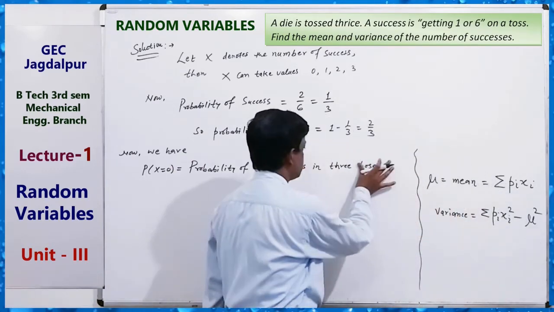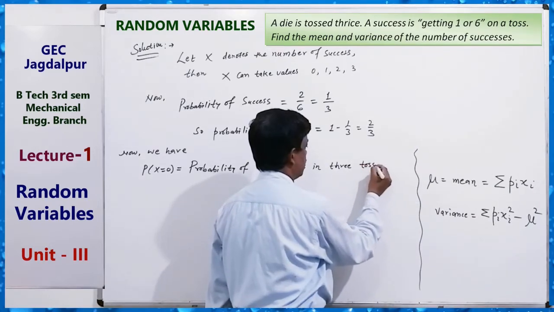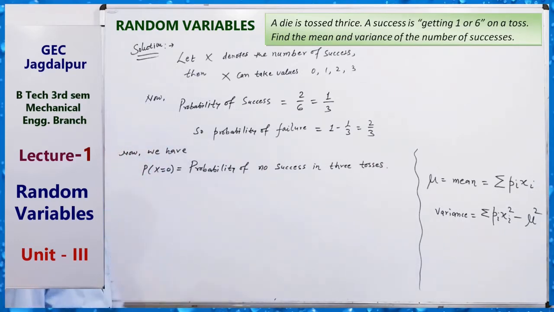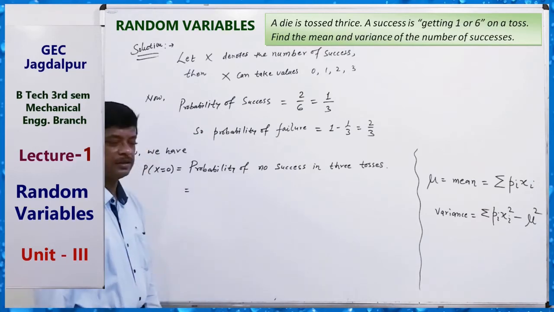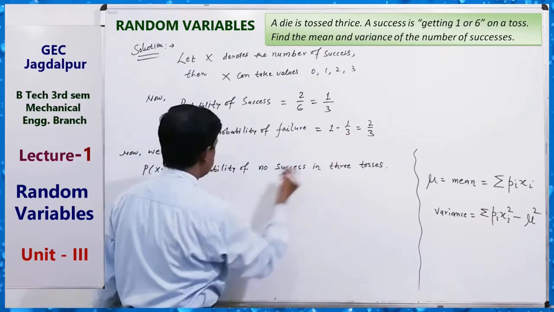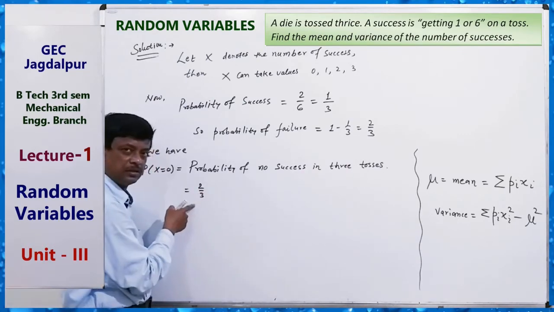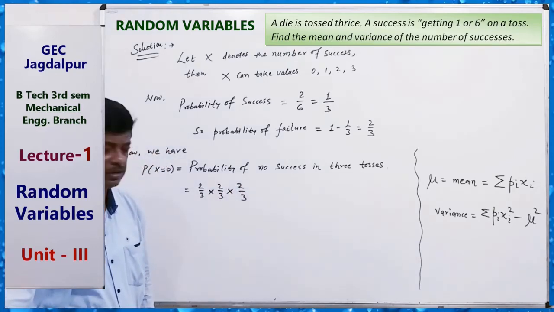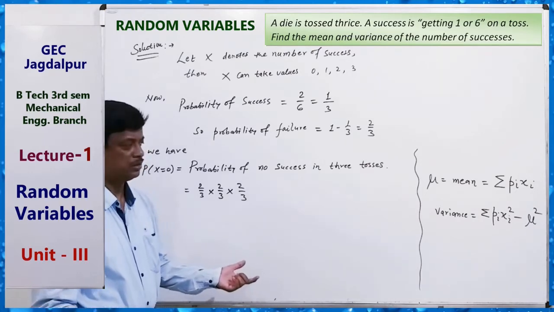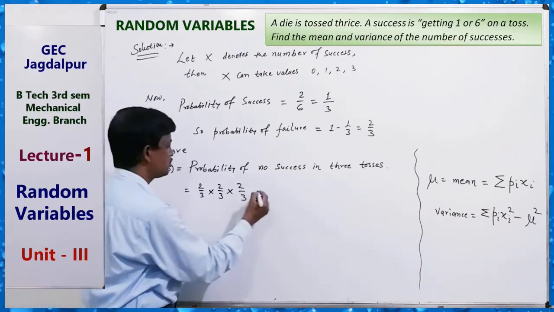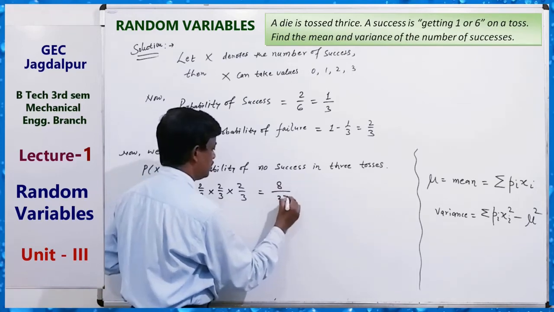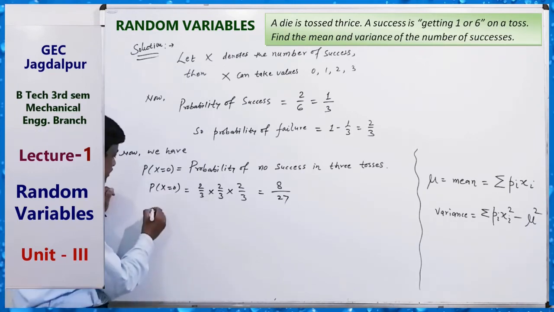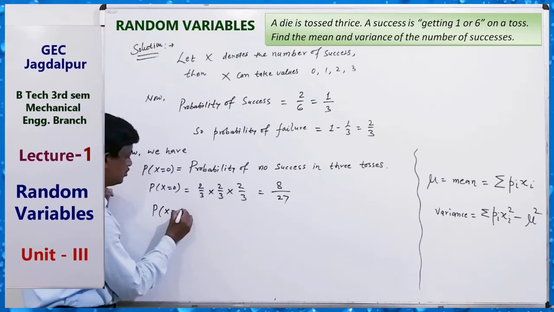No success means failure, 2 by 3 in the first toss, and in all 3 tosses it is a failure. So this equals 2 by 3 into 2 by 3 into 2 by 3, which is 8 by 27. So P(x equals 0) is 8 by 27.